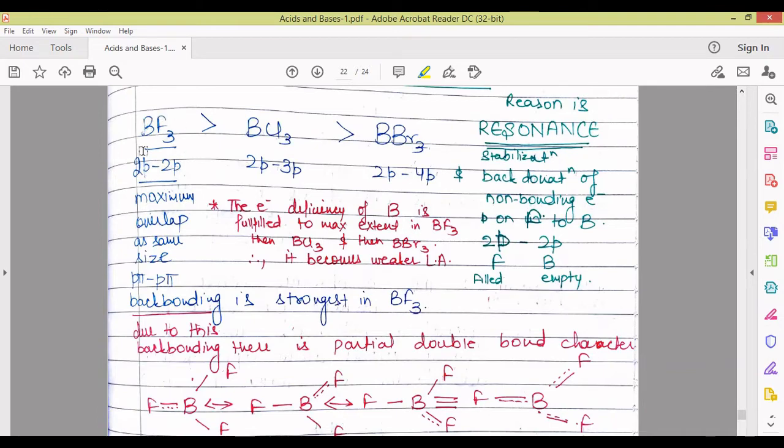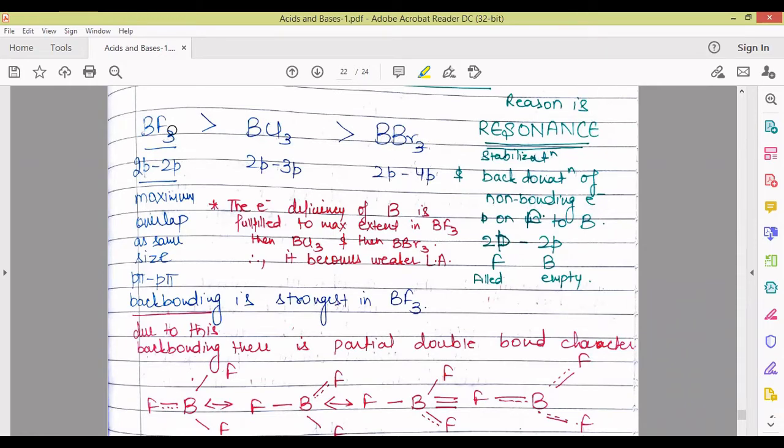So the electron deficiency of boron is much more fulfilled in case of 2p overlap, it is not much fulfilled in case of 2p-3p, and here it is least fulfilled in case of BBr3.